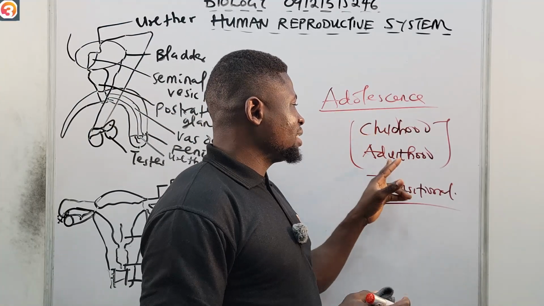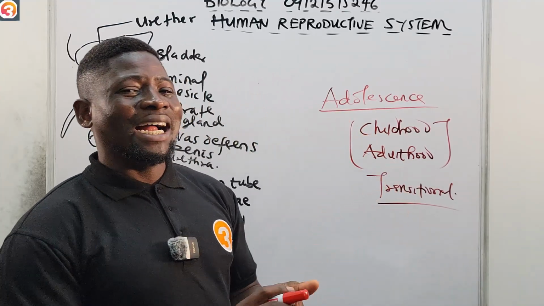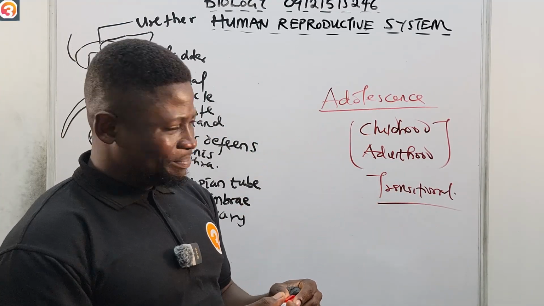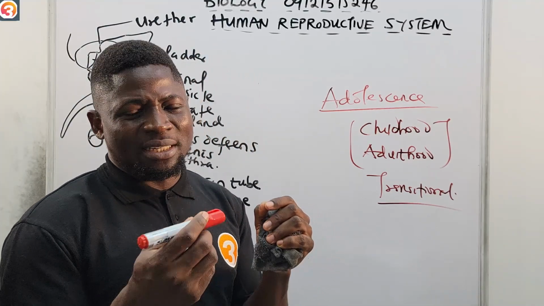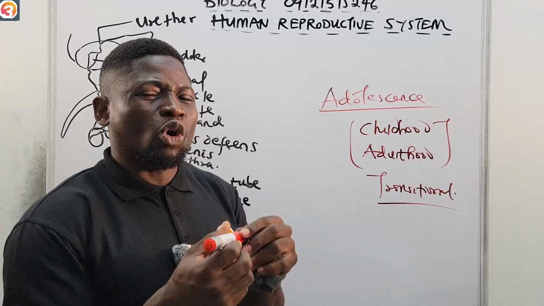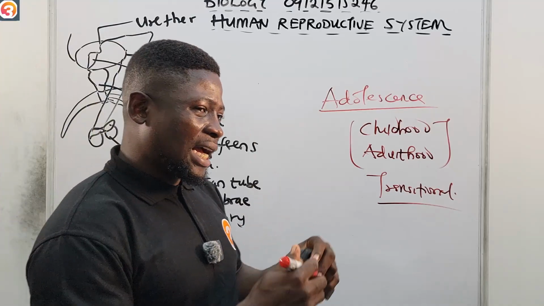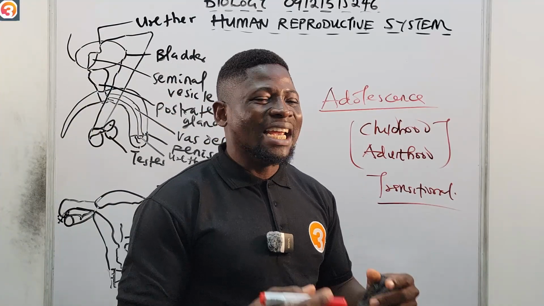And from this childhood to this adulthood, where a child will attain sexual maturity, you see that there are so many developments, many changes that occur in our body, both as a male and as a female.